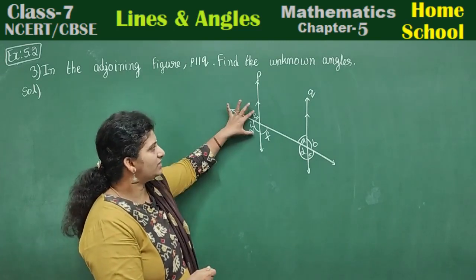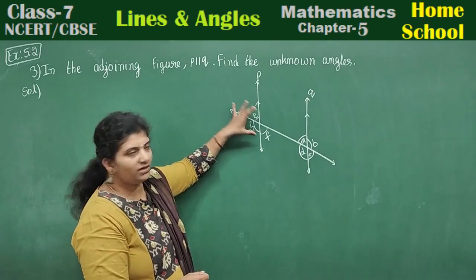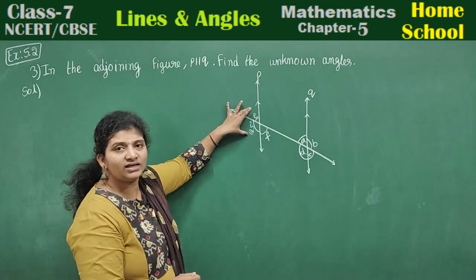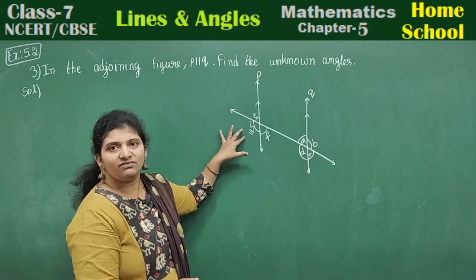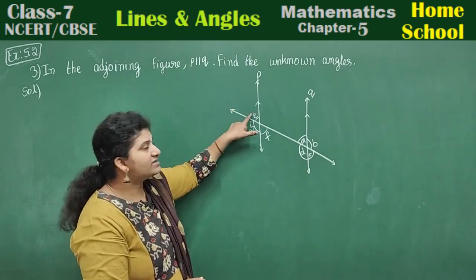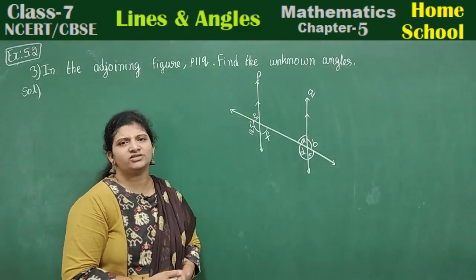Look here first, these two. I can see a line and it is a linear pair, right? Linear pair, sum of the angles will be 180 degrees. Add this and this, it will be 180. Find this angle first. So you can prove this in any manner, children.